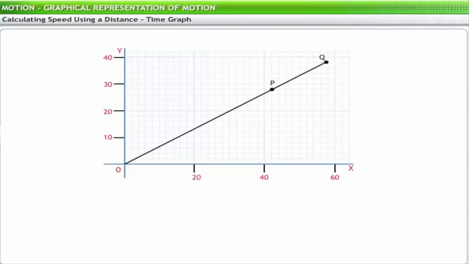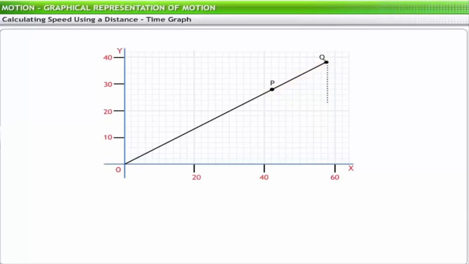Now, let's look at how we can use the distance-time graph to make deductions about speed. To determine the speed of an object, consider a segment PQ of the distance-time graph of an object in uniform motion.